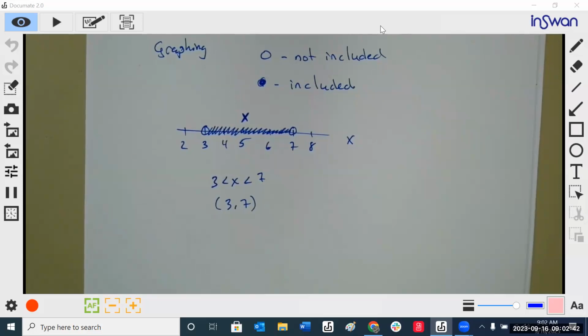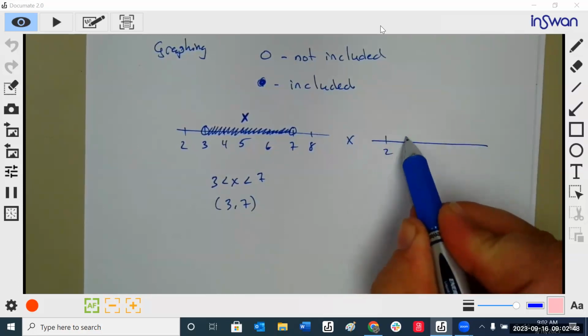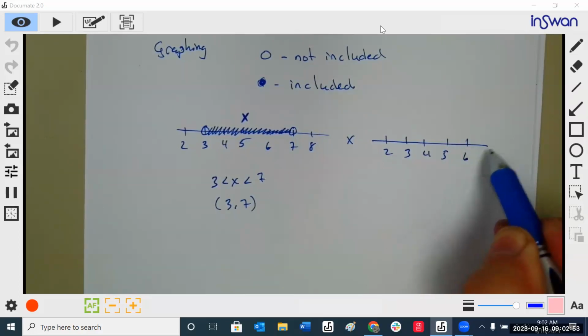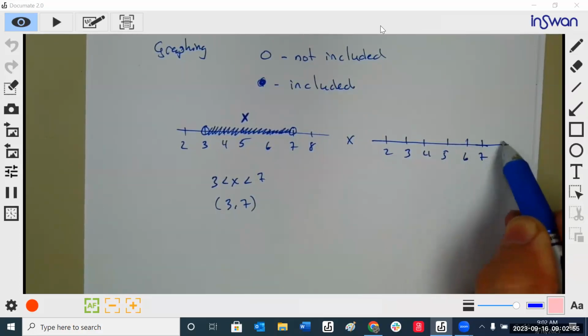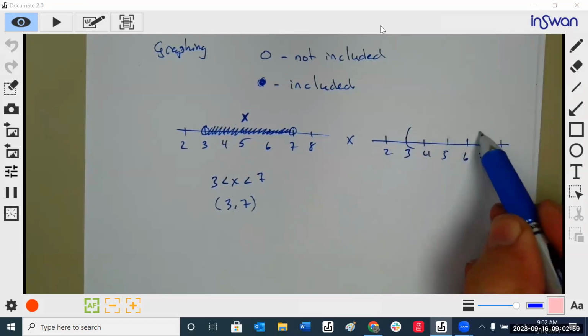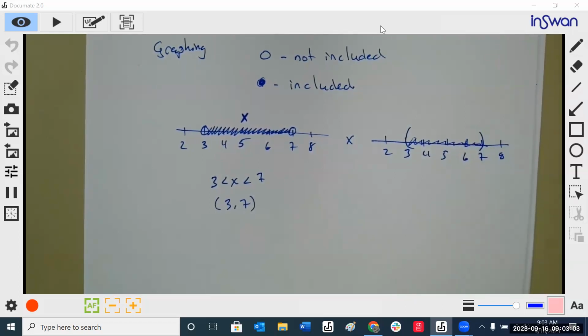Which is why sometimes some books will write it this way. They'll write it that way. It's the same as these symbols.